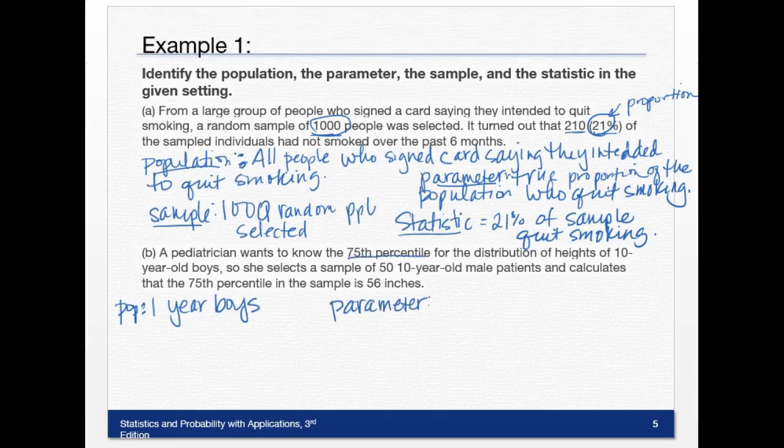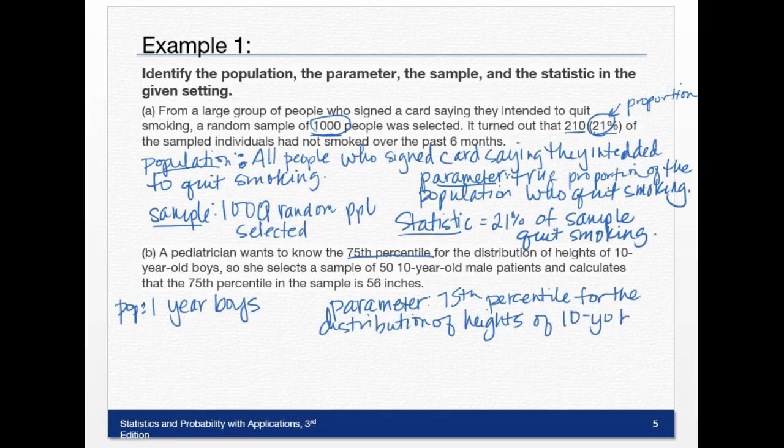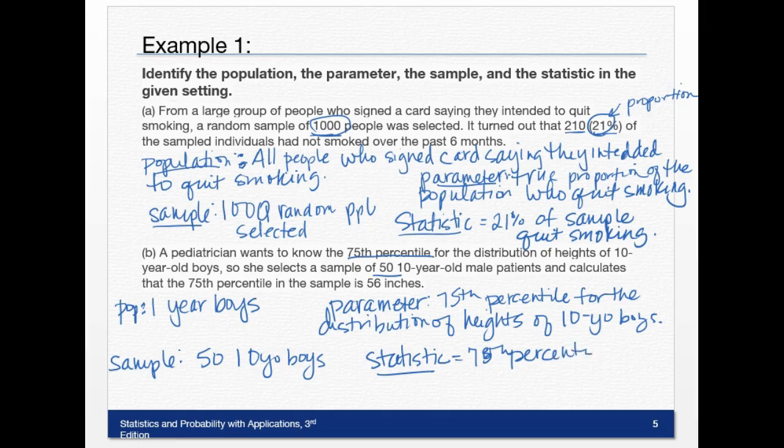She wants to know the 75th percentile for the distribution of height of 10-year-old boys. The sample she took was 50 10-year-old boys, and the statistic she got was that the 75th percentile of her sample was 56 inches.